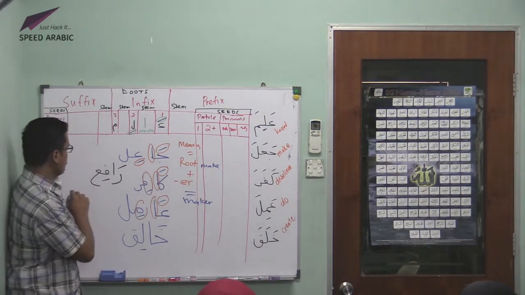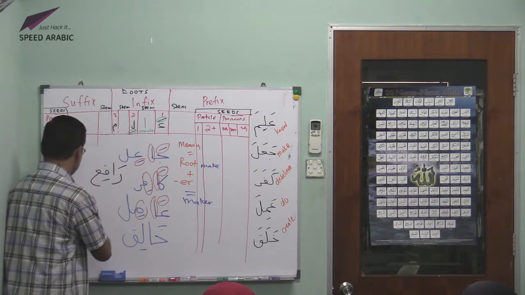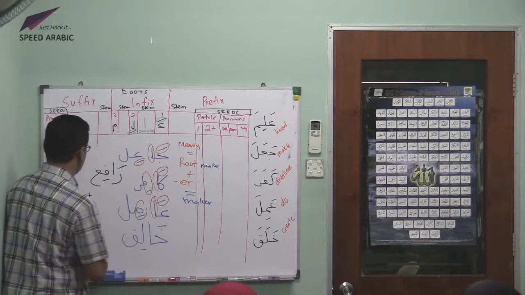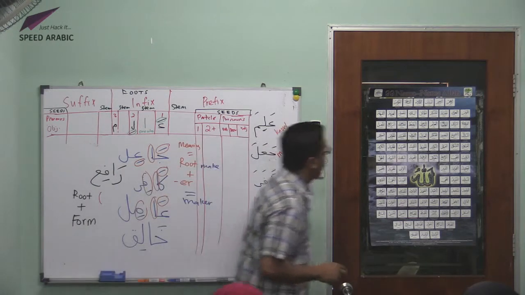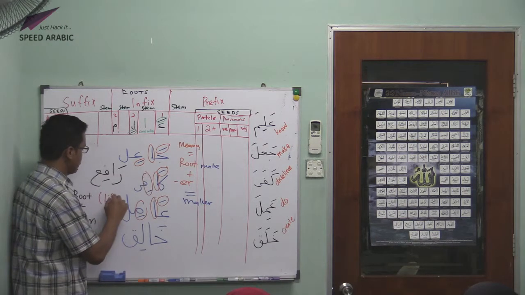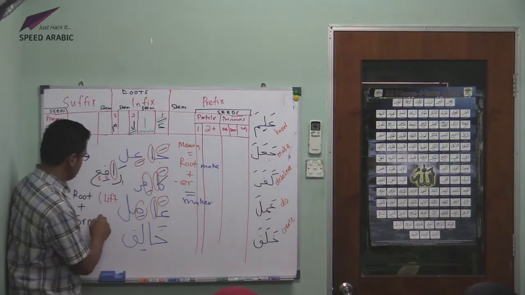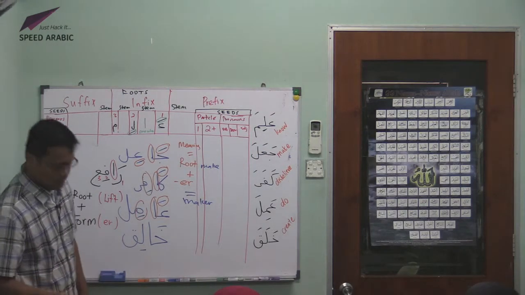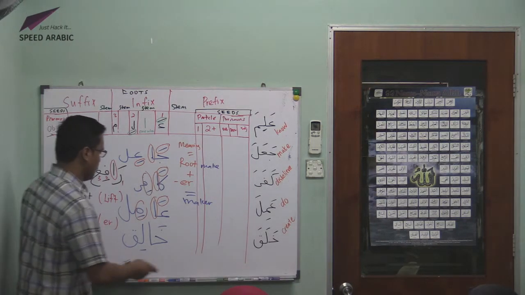You find the root, and then you plus the form. So the root is lift. Rafa'a means lift, and this alif means one who lifts, ataupun ER, lifter. Okay, so root plus form is equal to the meaning.